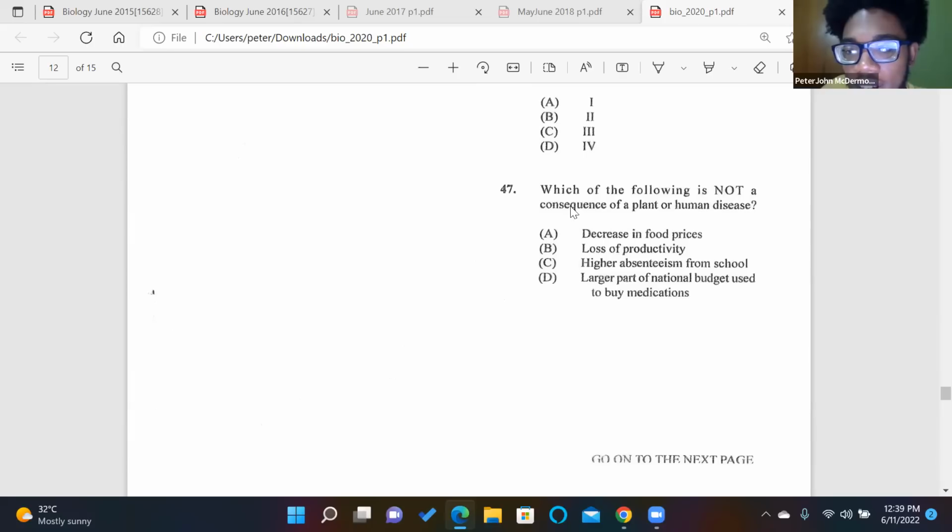Which of the following is not a consequence of plant or human disease? Guys, think about everyday life. When you're sick, which of these does not happen?